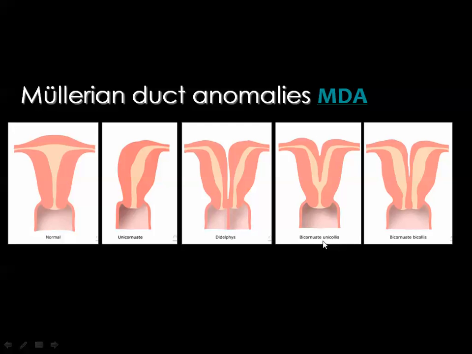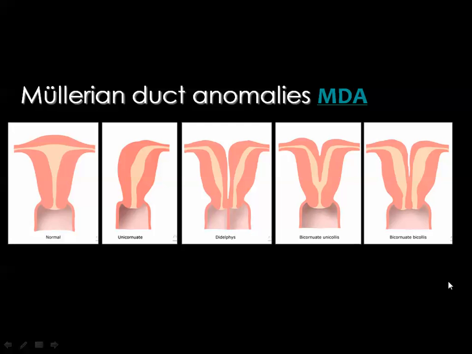Then bicornuate uterus, there is some separation between two bodies of the uterus, but they usually unite at some distance from the fundus into a single uterine cavity and maybe a single cervix.